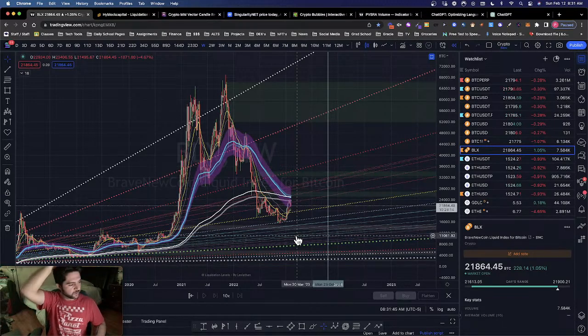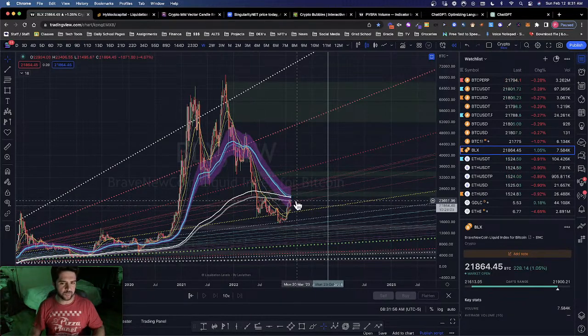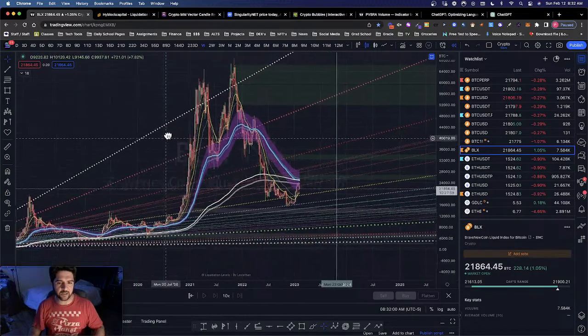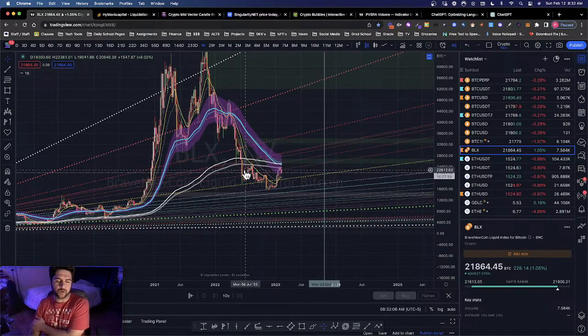With Luna and how that caused this cascade. That was the catalyst. Those stable coins were the catalyst for this. So what's going to be the catalyst for level 3? Is it Tether and BUSD? Is that the catalyst that's going to bring us down? Because stable coins is, in essence, what caused such a catastrophic drop into level 2.